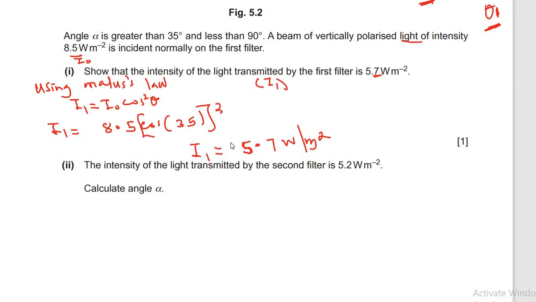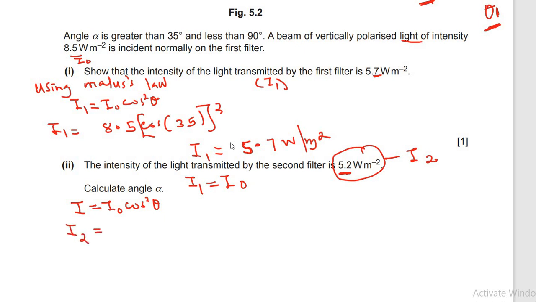Now the intensity of the light transmitted by the second filter is what comes out of the second filter. Remember that I1 for the second filter will be the I0. So by Malus's law, I equals I0 cos squared theta, and what is transmitted here is I2.